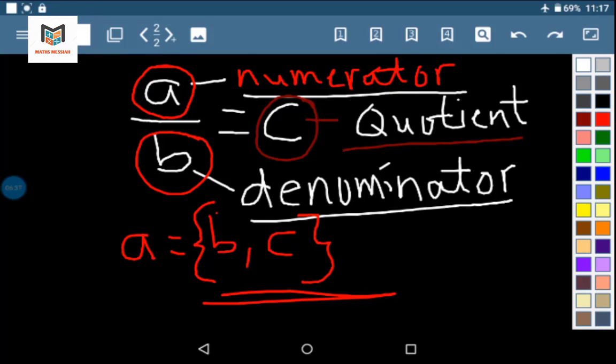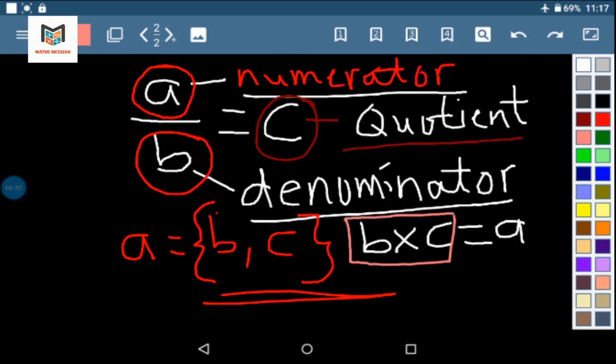So in this case, if you multiply B by C, your answer should give you A. So B and C are factors of A. I hope you get this understanding too. So this is the tip that you must know, and we are going to use it throughout our work.